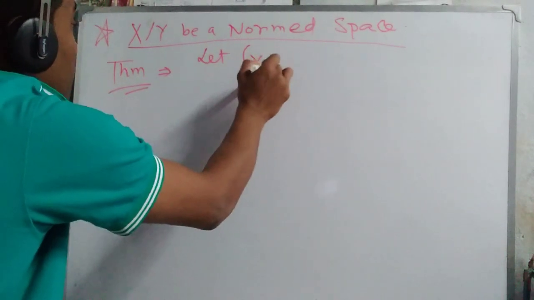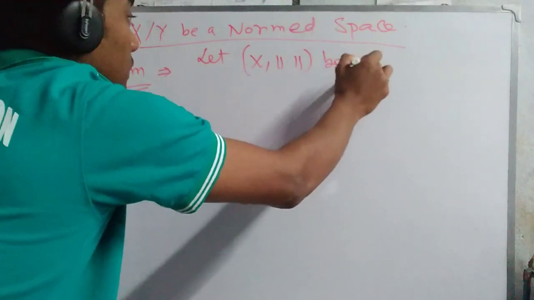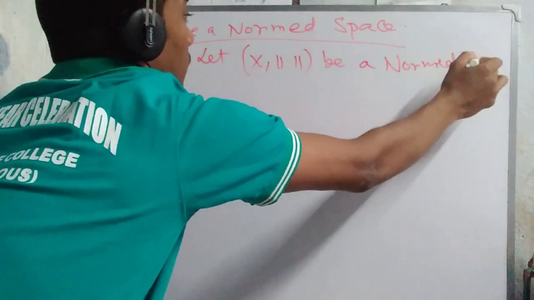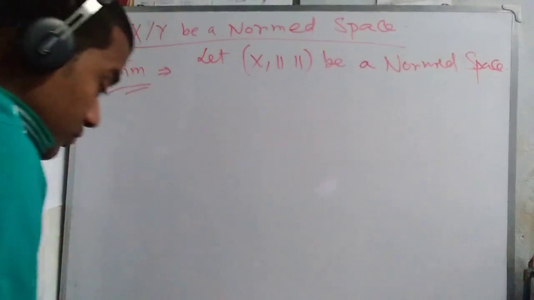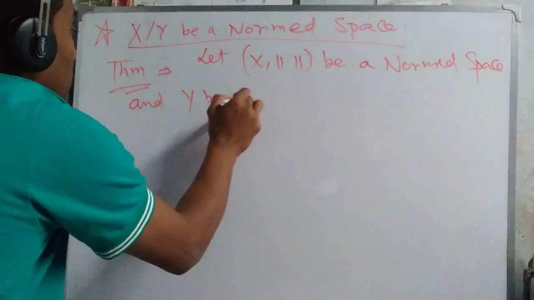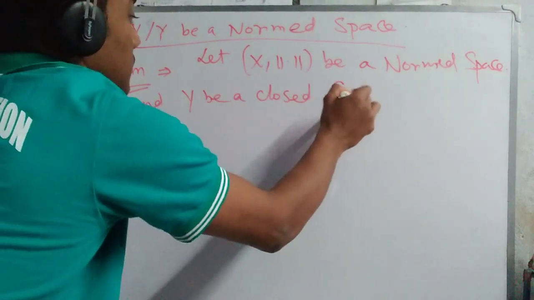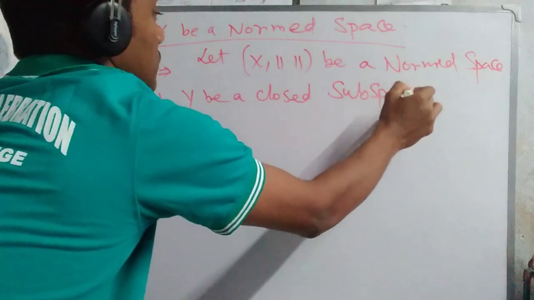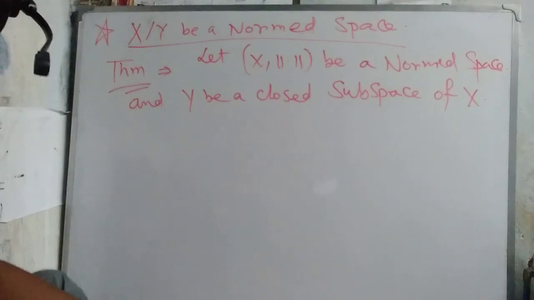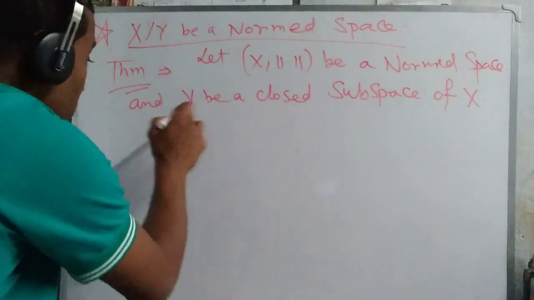Let X be a normed space, and Y be a closed subspace of X. Not a problem at all. So we go forward and further discuss that.